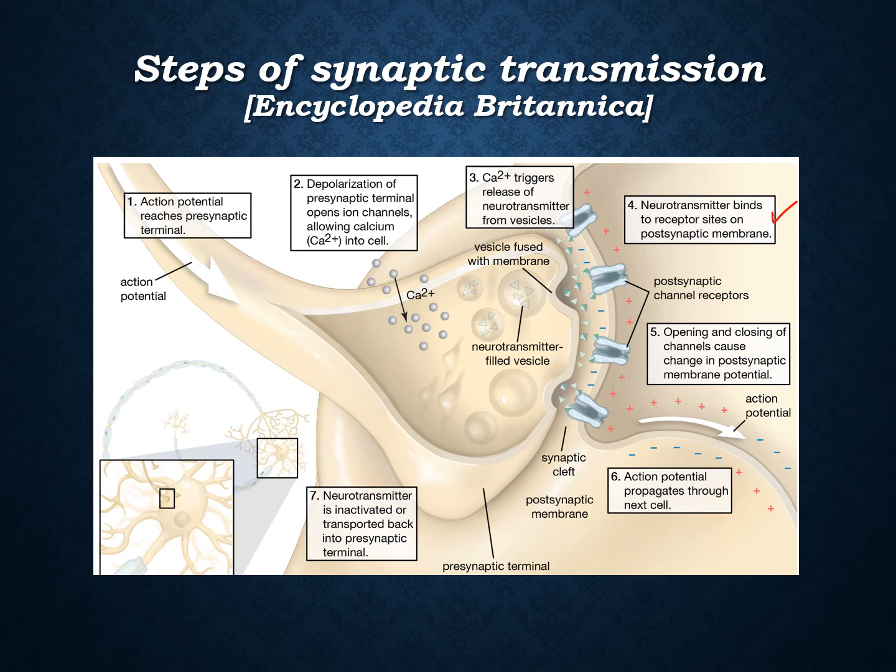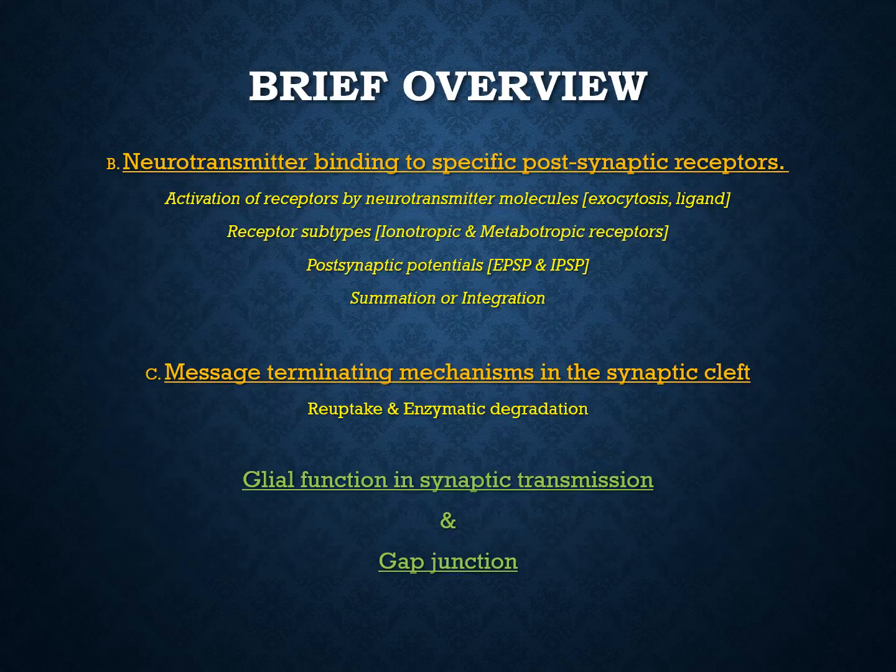And in the 5th, opening and closing of channels cause change in postsynaptic membrane potential, and the action potential propagates through the next cell. Neurotransmitter is inactivated or transported back to the presynaptic terminals, which we have covered over here. So in a brief overview, these are the things we have covered in today's discussion. We have covered neurotransmitter binding to specific postsynaptic receptors.